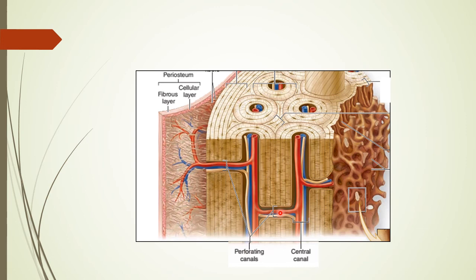They connect the central canal of the osteon with the bone marrow cavity and with each other and with the periosteum. The central canals are connected with each other by perforating canals or Volkmann's canals.